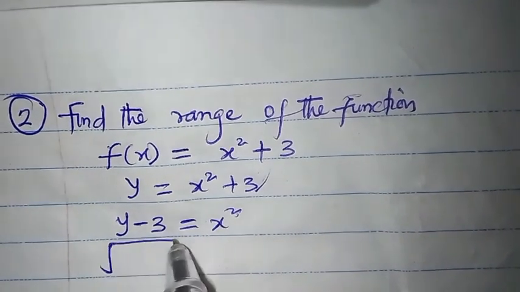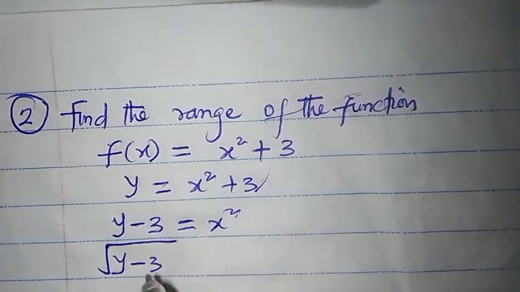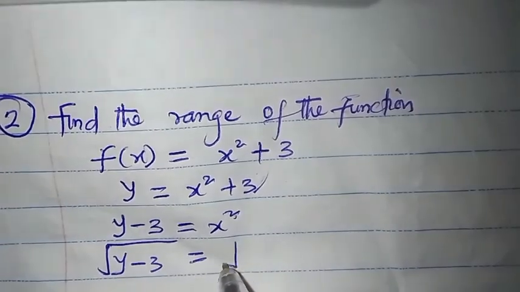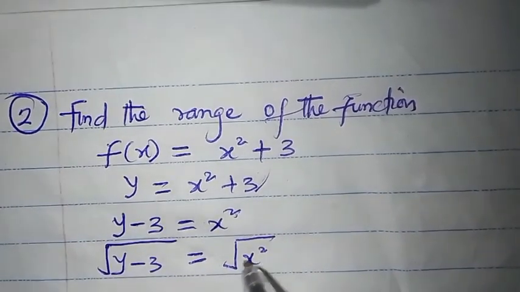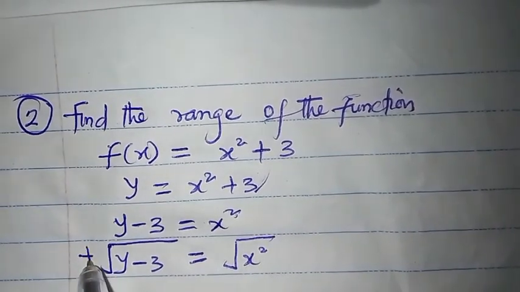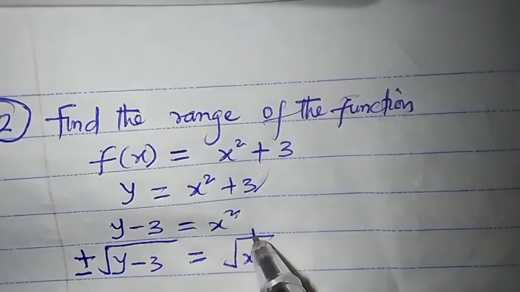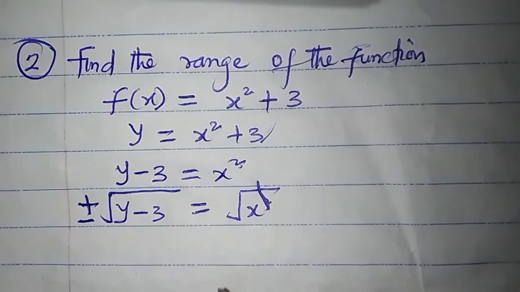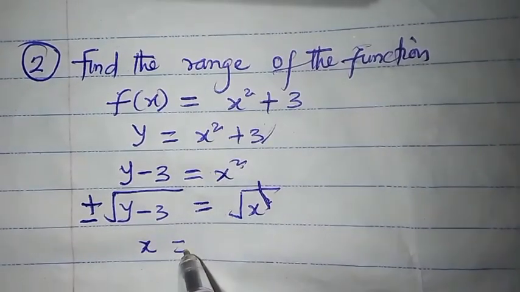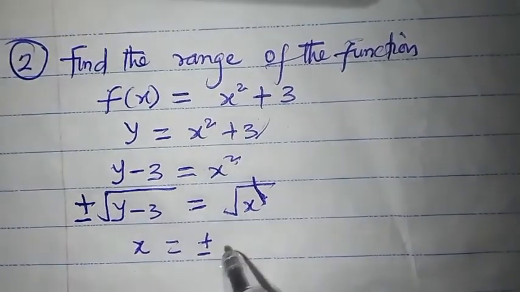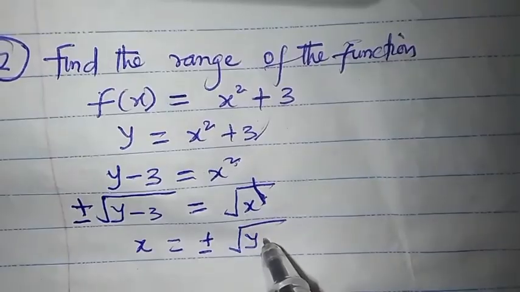That is, square root of y minus 3 is equal to square root of x squared. Remember that square root is positive or negative, that's plus or minus. Square takes away the square root here, leaving us with x is equal to plus or minus root y minus 3.